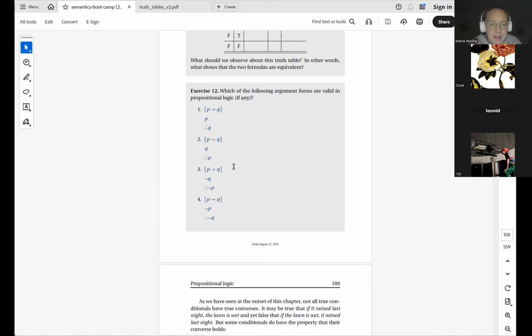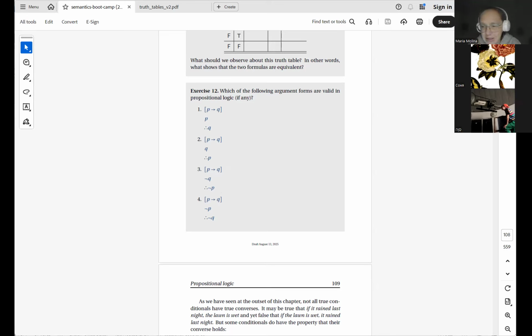Okay, number 3. Negation of Q is true. Does this mean that negation of P is true? So we're given P to Q. If P, then Q, and negation of Q is true.